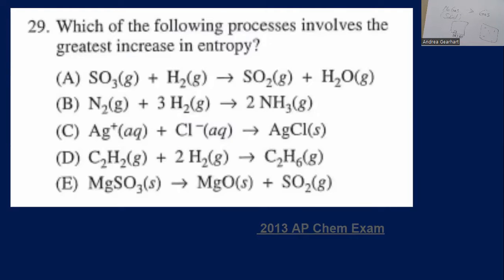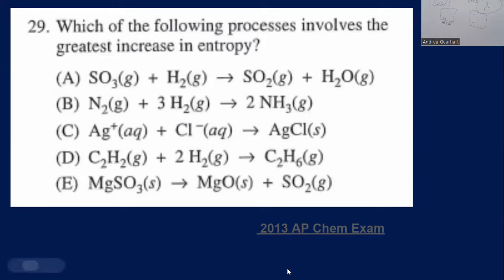Then in C, we have solvated ions. Oh my gosh, forming a crystalline solid, definitely decreasing. In D, 3 moles to 1 mole. But in E, we have solid, and we're making solid, but we're producing gas. So it would be E all day long. Is that okay?